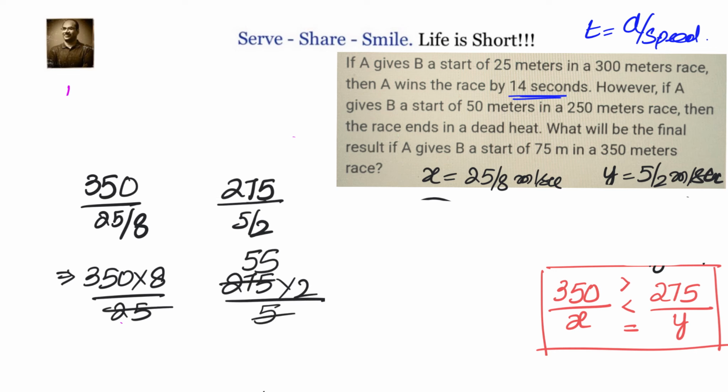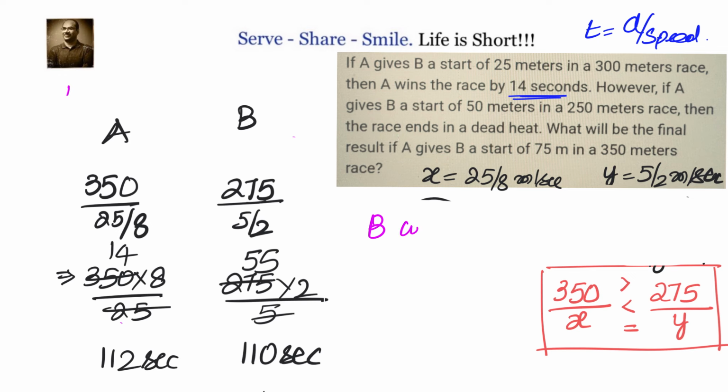We can simplify that. We will have 112 seconds taken by A and B is taking 110 seconds. That means B will win the race by 2 seconds, because the difference of 112 and 110 is 2 seconds.